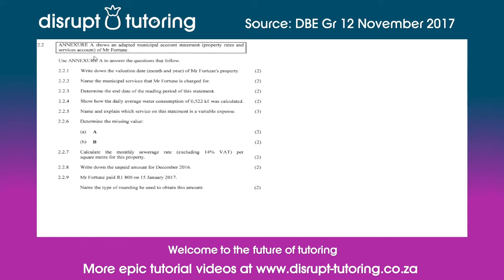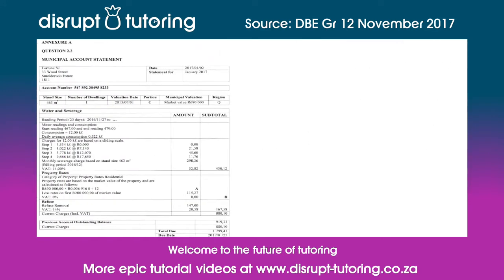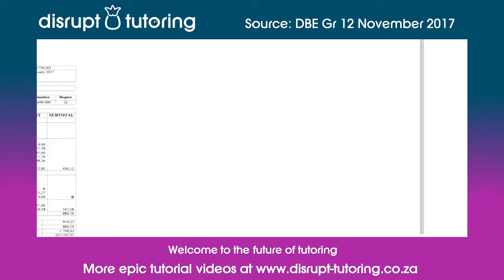Okay, so they've told us that we must look at Annexure A, which gives us an adapted municipal account statement. So this is what it looks like. It would be found at the back of the paper when you're writing. And it's just the municipal account with various data, such as the stand size and the water and sewage usage and how much it costs and whatnot. So let's go straight into the question.